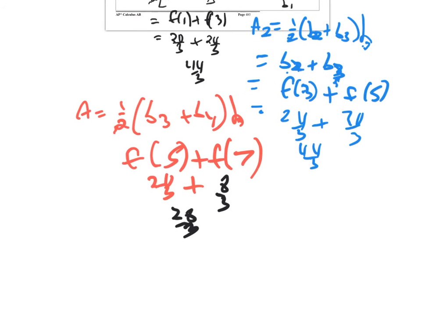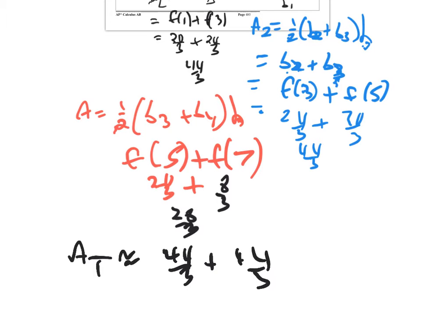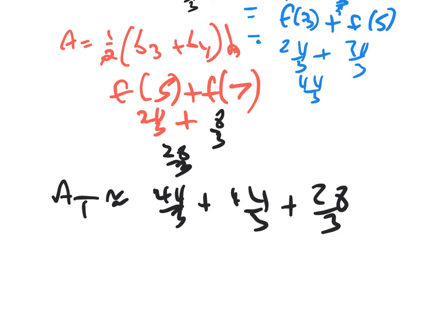So now I got 3 of them. My area total will be approximately 44 over 3 plus 44 over 3 plus 28 over 3. Remember, the exact answer is 40. That's 88, 98, 108, 116 over 3. Did I get it right?